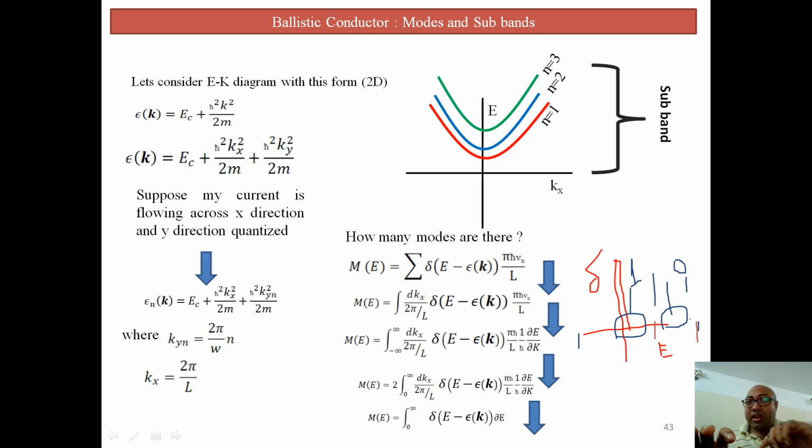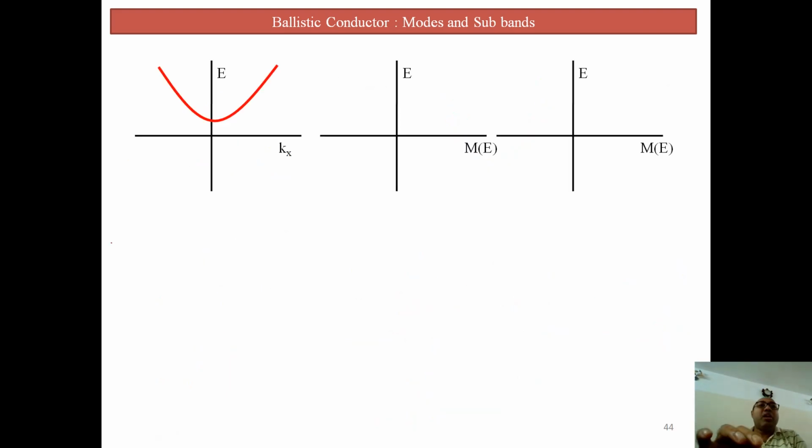That means it has to cover my energy, the origin of the delta function. So you have energy versus kx. Now what is the mode?